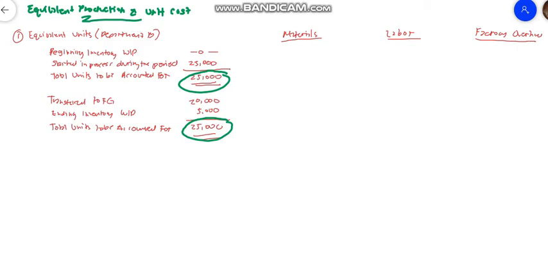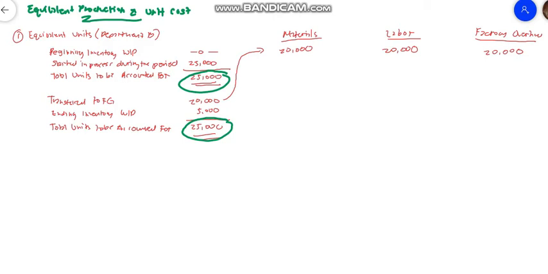Now, given that the 20,000 is already finished or transferred out, more or less the 20,000 unit is already complete 100% as to materials, labor, and factory overhead. Okay, and it was transferred during the month.